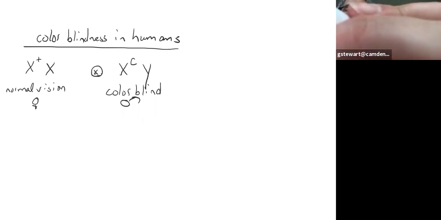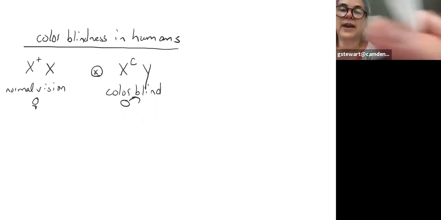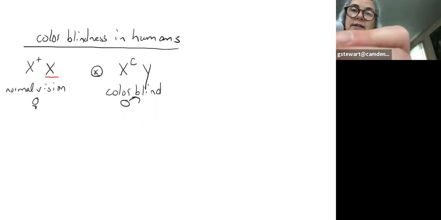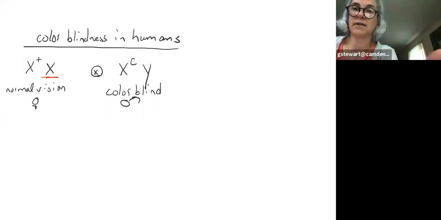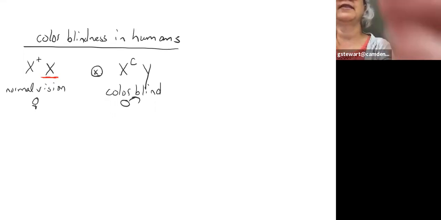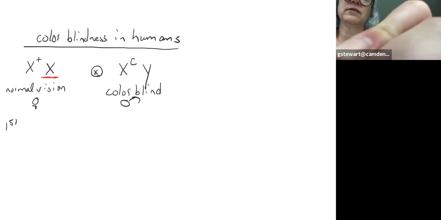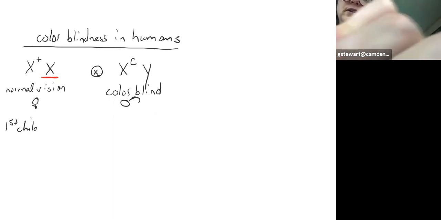And that's all going to depend on what this female has for her second allele that she's carrying, right? So let's say we have a normal vision female marrying a colorblind male, and let's say their first child is a colorblind boy.